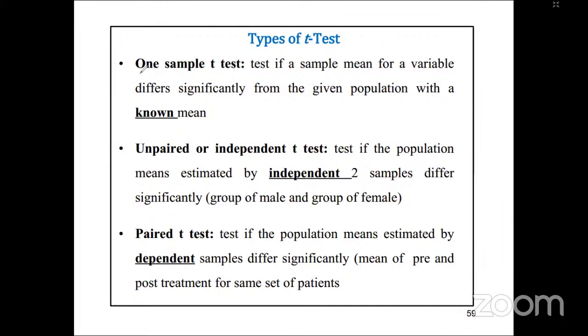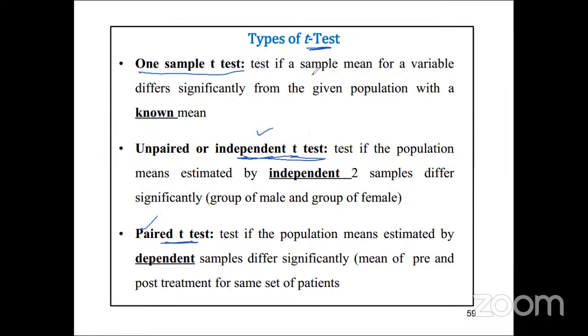So that is why I was talking about which test is to be used at which position, that is to be decided properly. Even though the t-test is there, there are three different tests which can be used: one sample t-test, two sample or independent t-test, and the third one, paired t-test.